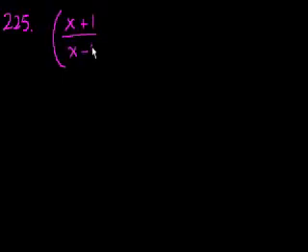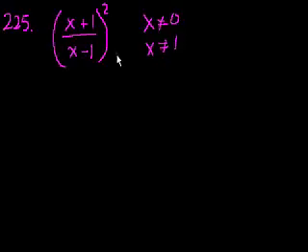Problem 225. Okay, they write (x plus 1 over x minus 1) squared. And they say if x does not equal 0, and x does not equal 1, and that's good because if x equals 1, we'd be dividing by 0 here.